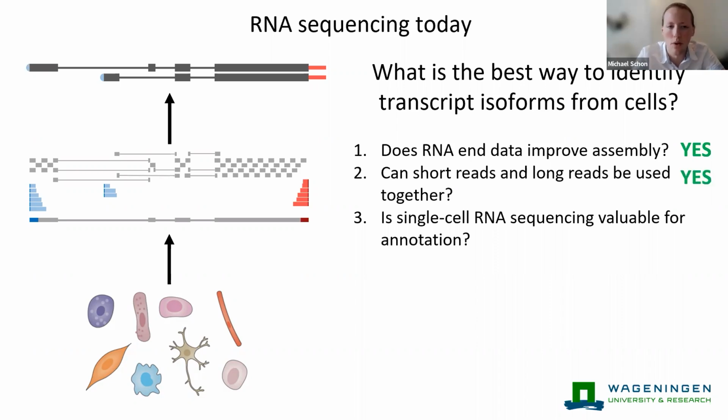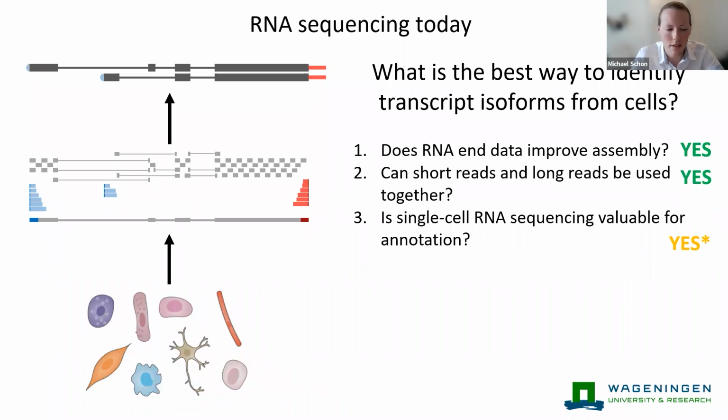I would also argue that yes, mixing modes of sequencing allows you to make up for deficiencies in either sensitivity or information content that other sequencing methods lack. And finally, is single-cell RNA sequencing valuable for annotation? I think the answer is yes, with an asterisk.